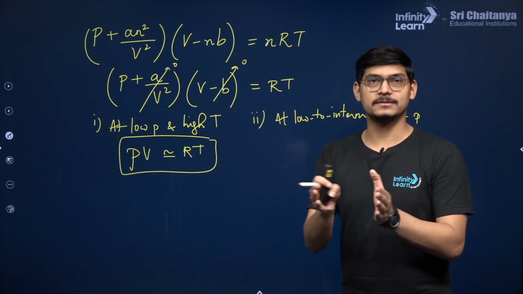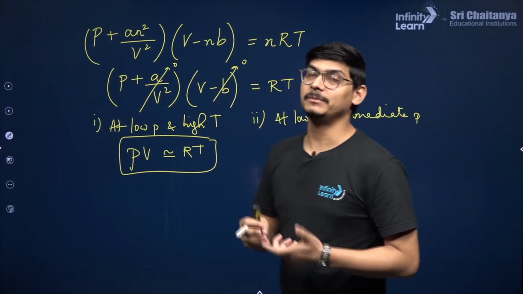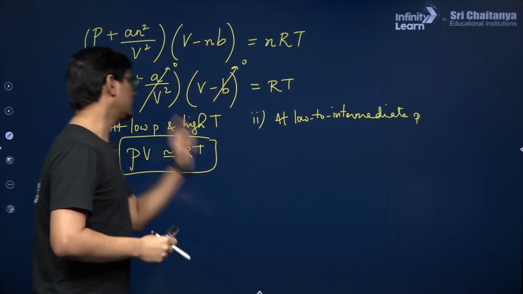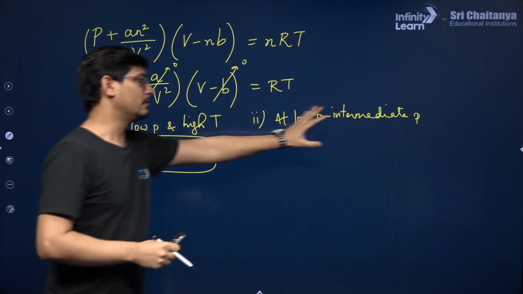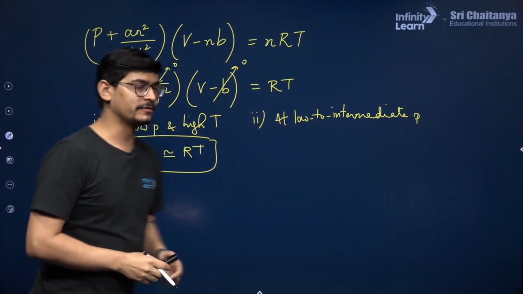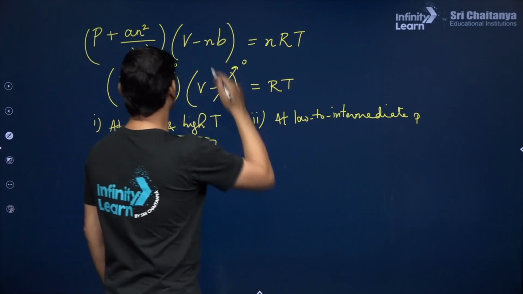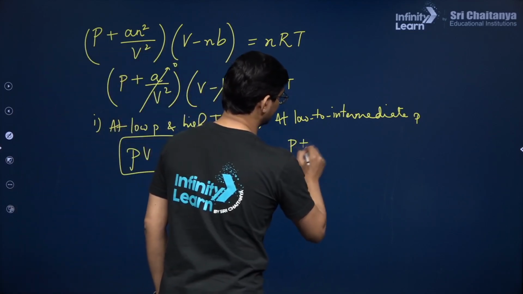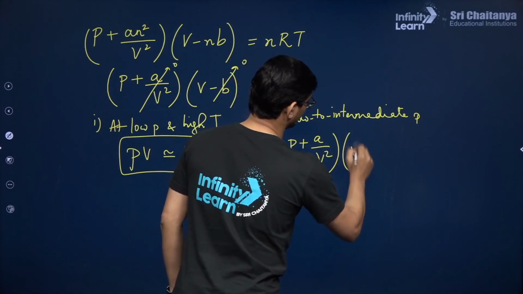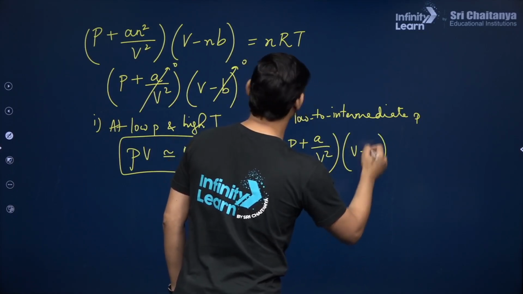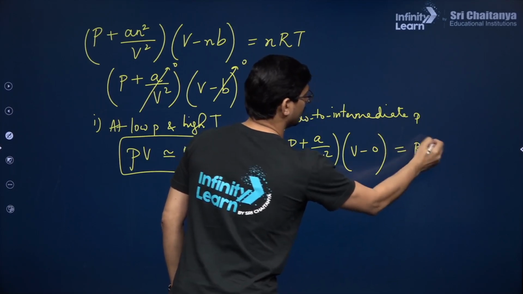As particles come closer, the attractive force between them increases. So now a is no longer negligible, but b can be neglected, because the volume is still not very low and the pressure is not very high. So I'll ignore b and write it as (P plus a by V square)(V minus 0) is equal to RT.